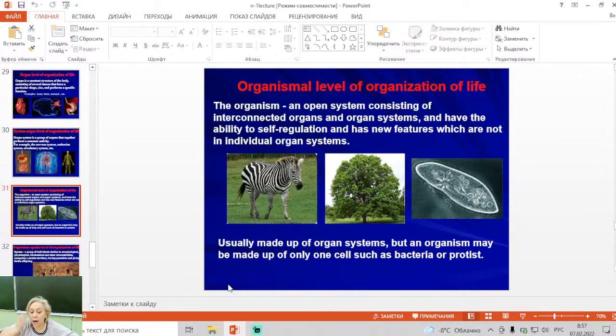Next level, organismal level of organization of life. The organism is an open system consisting of interconnected organs and organ systems and has the ability of self-regulation and has new features which are not in individual organ systems.